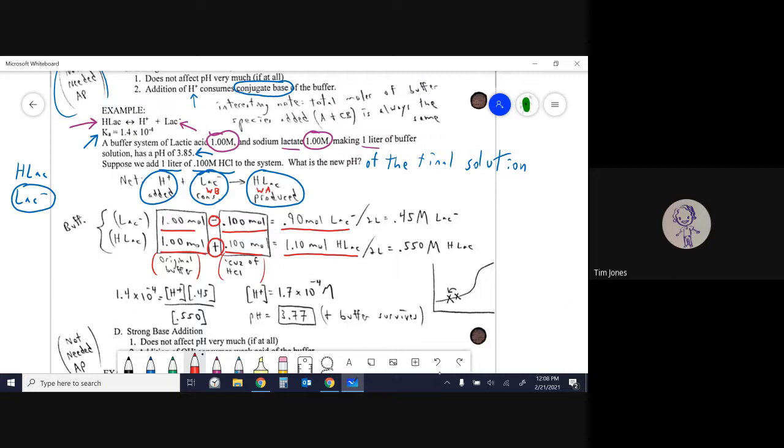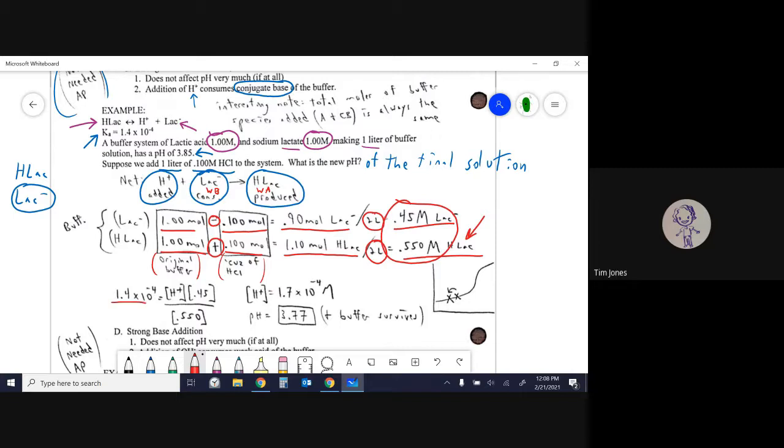Notice we have a new volume because we added a liter to a liter. Our new volume is 2 liters. Divide by that, that gives my new molarity of both things in the buffer. The strong acid is gone. The strong acid H plus has been converted into this stuff. And you plug both these values into the Ka expression.